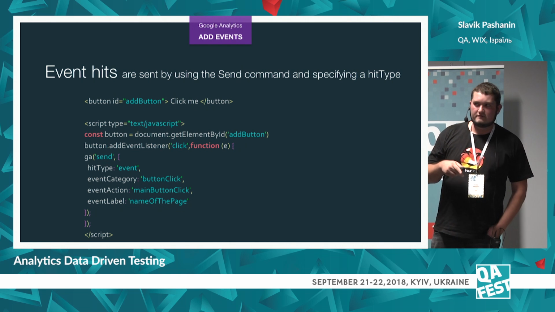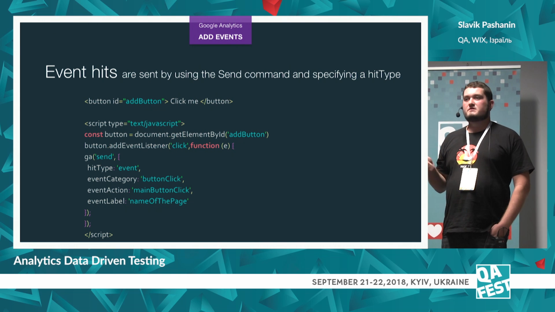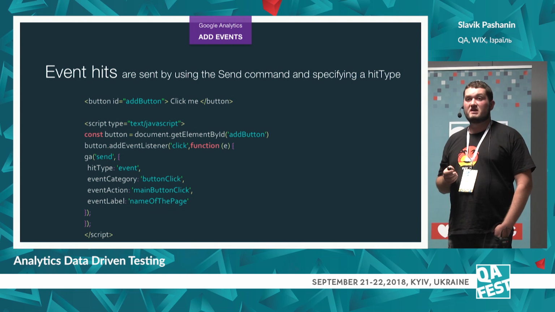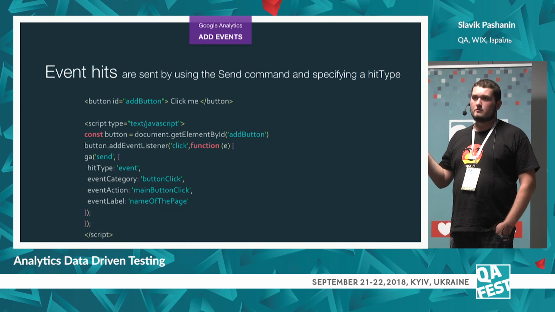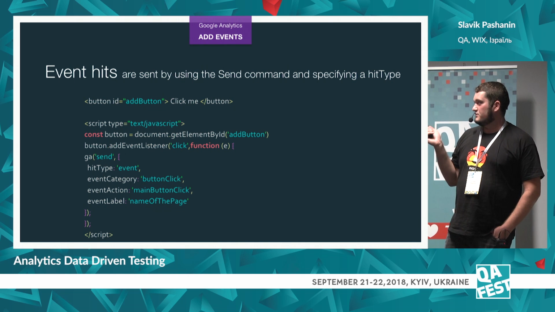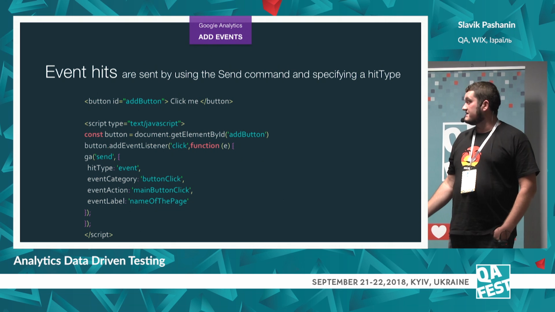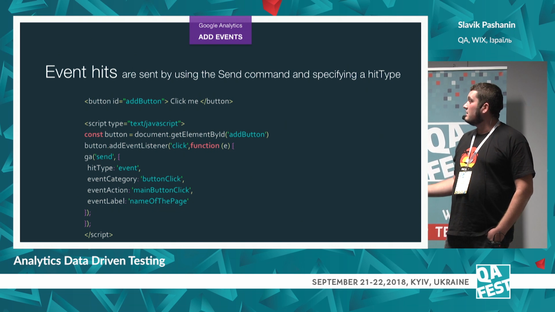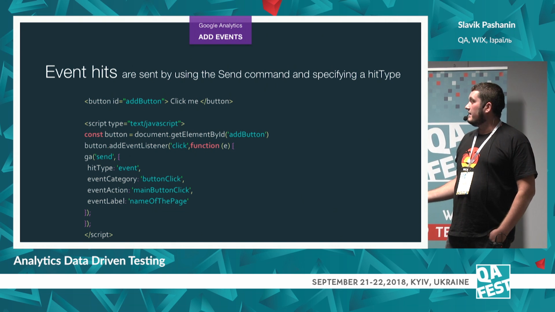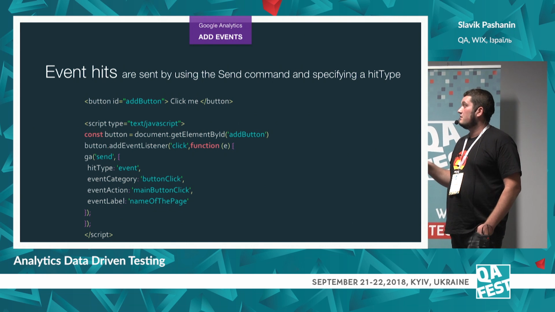But if the purpose of this button is to open some pop-up and there is no change in the database, how will you know if this button works on IE on a special version or not? Well, using BI, we're adding some listener to this button. This is the code of Google Analytics, and once you add it, that's it.